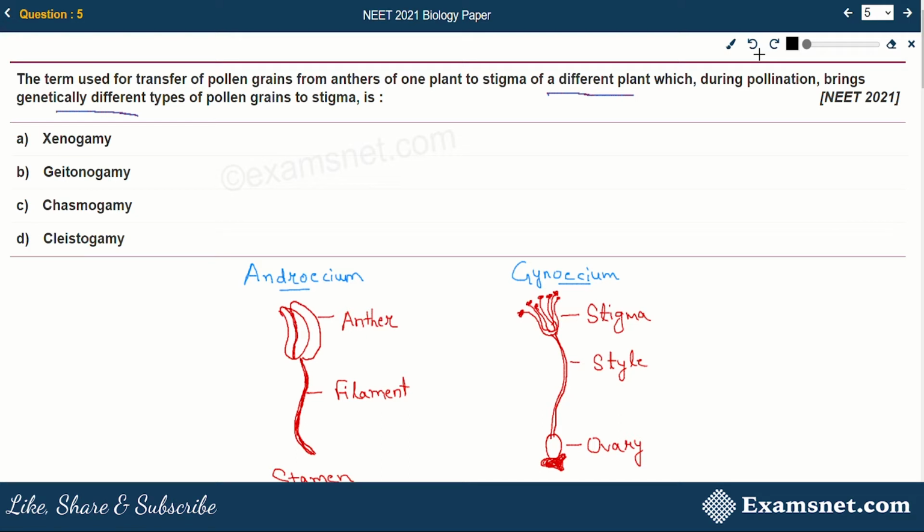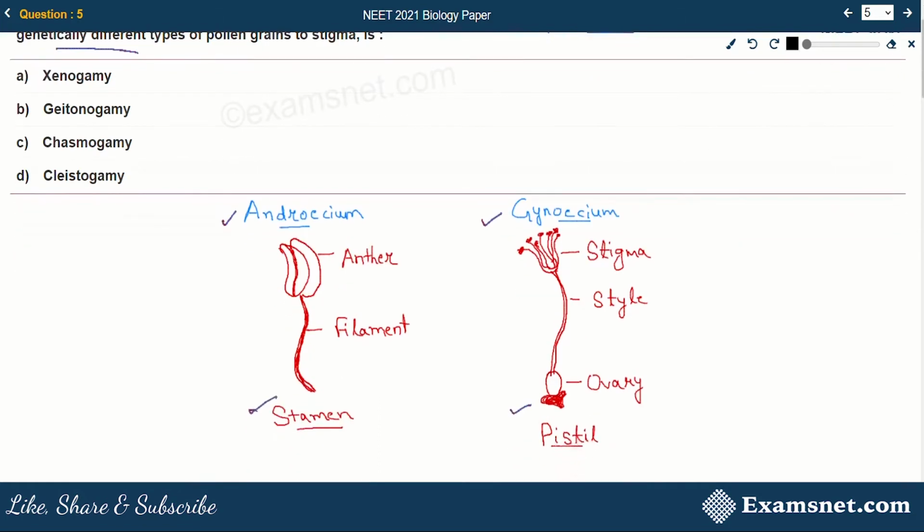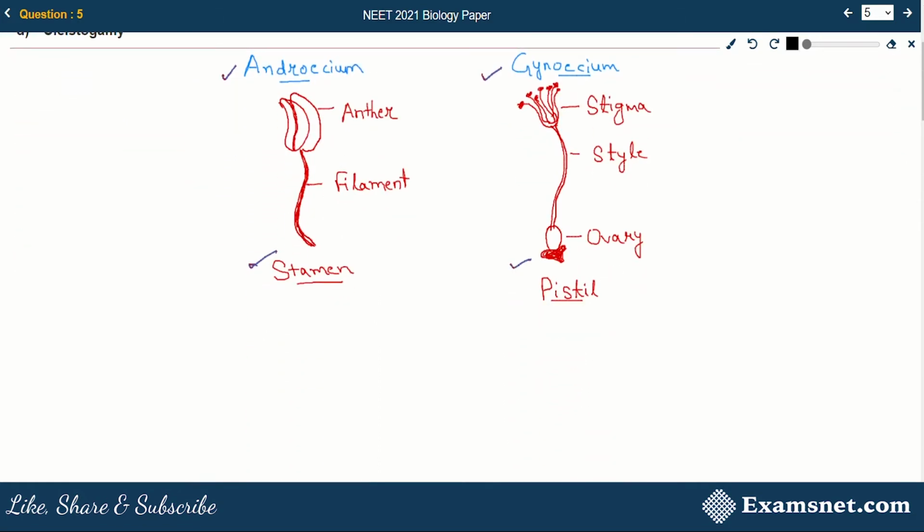As most of us know, a typical angiosperm flower consists of a male reproductive part called androecium and a female reproductive part called gynoecium. An androecium consists of a large number of stamens, whereas gynoecium is composed of one or more pistils. So here you can see I have already drawn diagrams of a typical stamen and pistil.